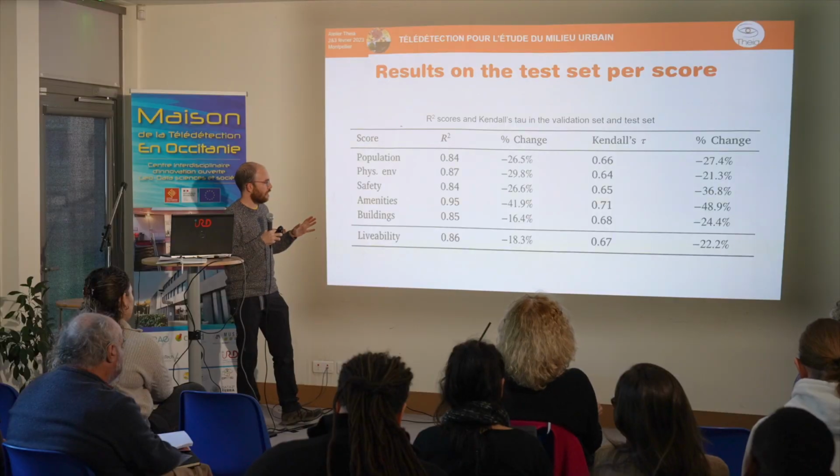So all of the scores basically work. So we can use this type of approach to predict the scores in other parts of the cities where we already have data.